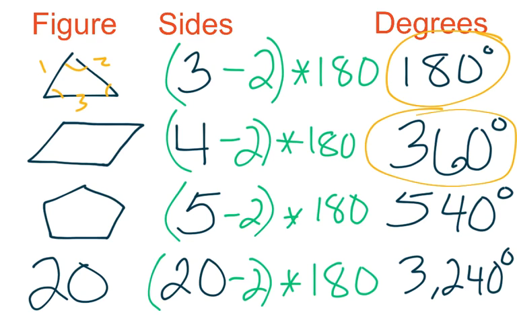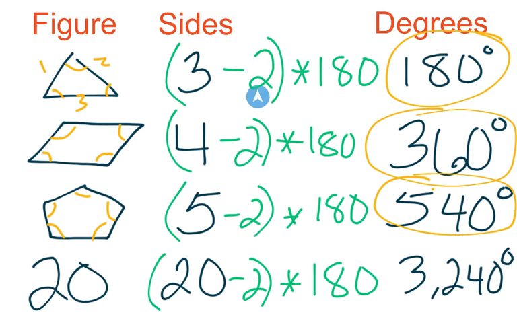The 360 degrees, when you add all four angles on the inside of the parallelogram, would equal 360 degrees. 540, and so on, when we added the 5 angles on the inside, it would equal 540. So when you added the 20 angles of our last figure, all 20 angles would add up to be 3,240 degrees.